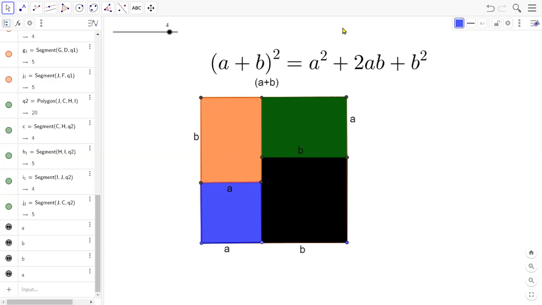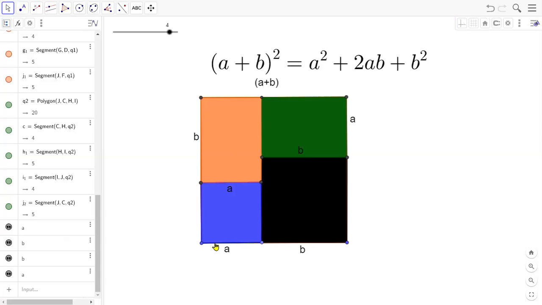So finally we obtain the expression: a plus b whole square equals a square plus 2ab plus b square. Here we have split the whole square, whose side length is a plus b, into four parts: two squares and two rectangles.